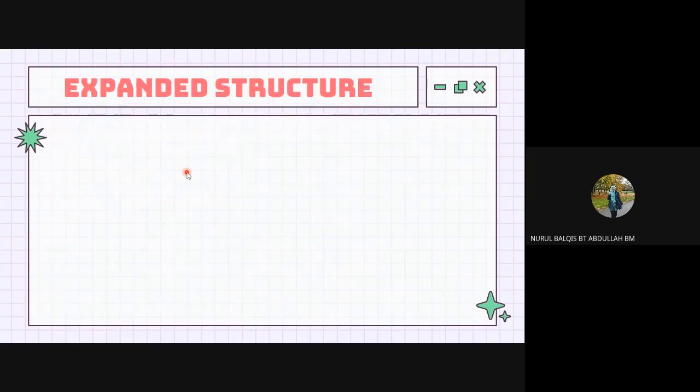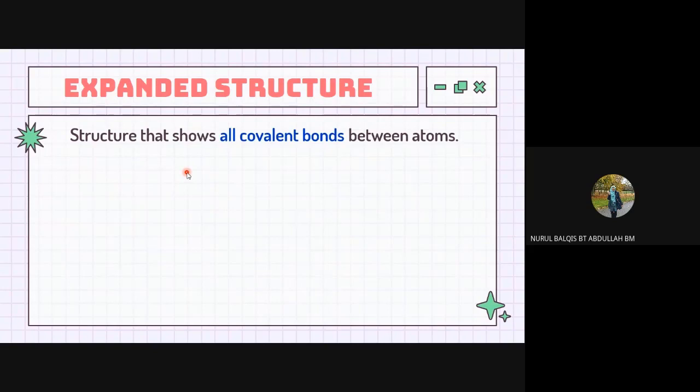Okay. Then for expanded structure, this is the structure that shows all the covalent bonds. Bila sebut all the covalent bonds, give me an example of covalent bond present in CH4. Kat mana yang ada covalent bond tu? C and H. C dengan H kita akan overlap electrons, dia akan form a covalent bond.